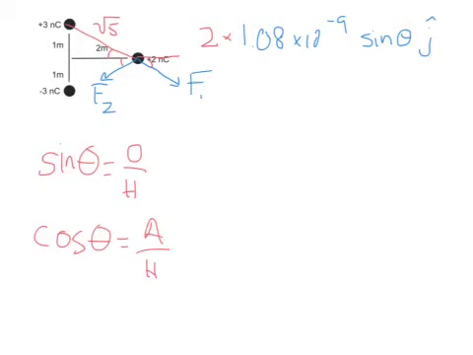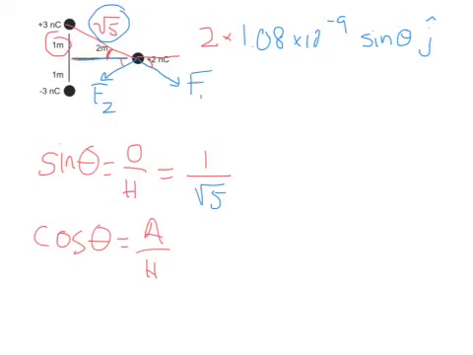What we have is, if that's our angle, the opposite side to that angle is 1 meter. The adjacent side is root 5. That means that opposite over hypotenuse is going to be 1 over root 5. If we had to do cosine, cosine is adjacent over hypotenuse. This adjacent side here is labeled as 2 meters.